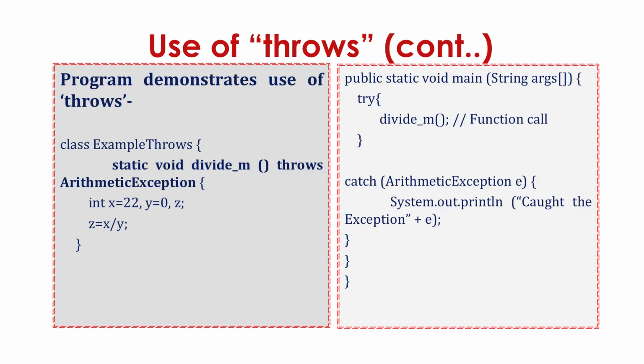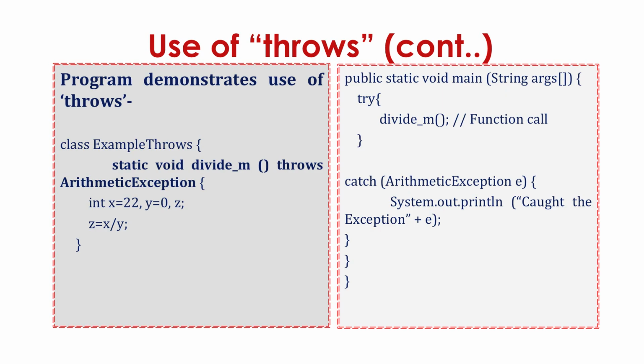Look at the example. Here we are trying to demonstrate the use of the throws keyword. One class is declared, we have defined our own class, ExampleThrows. Static void divide_m is a method, and throws ArithmeticException. That is how to use throws. We do some operation inside this method, and after this the method is over, the brace is closed.